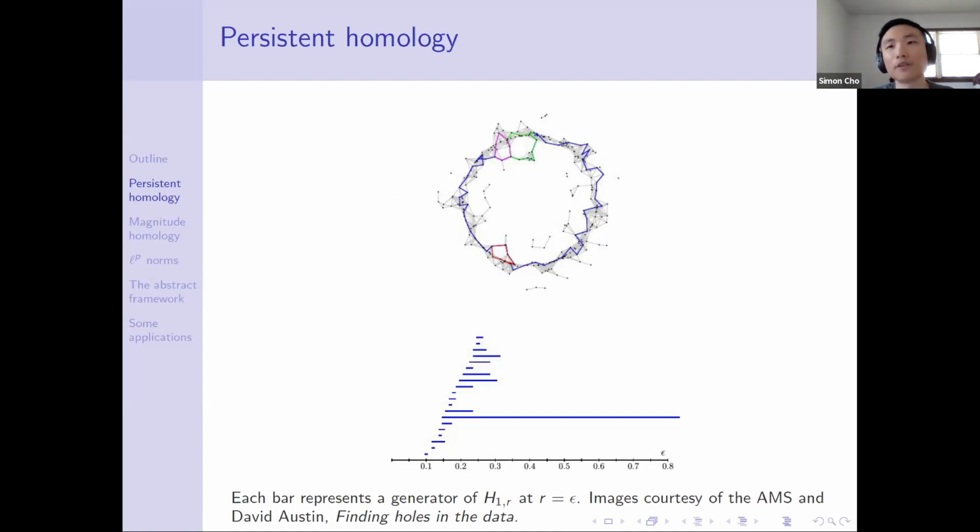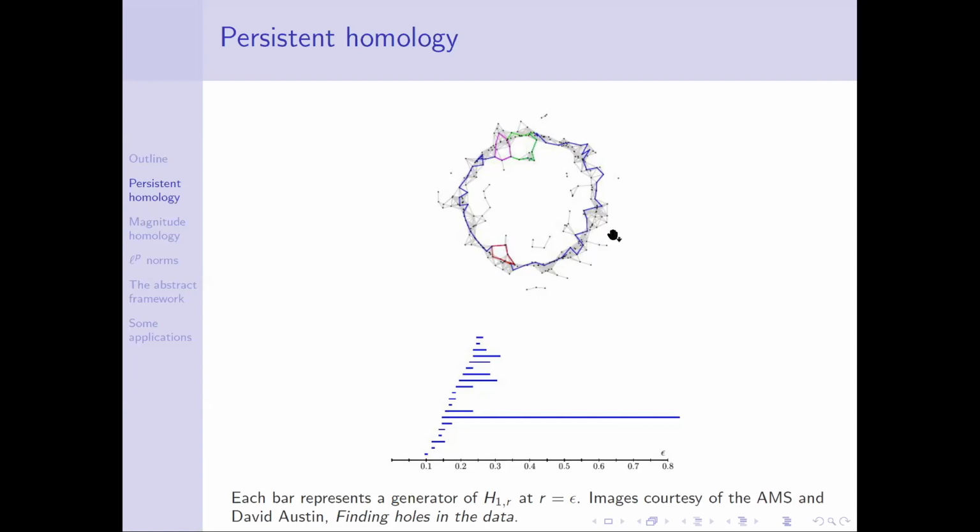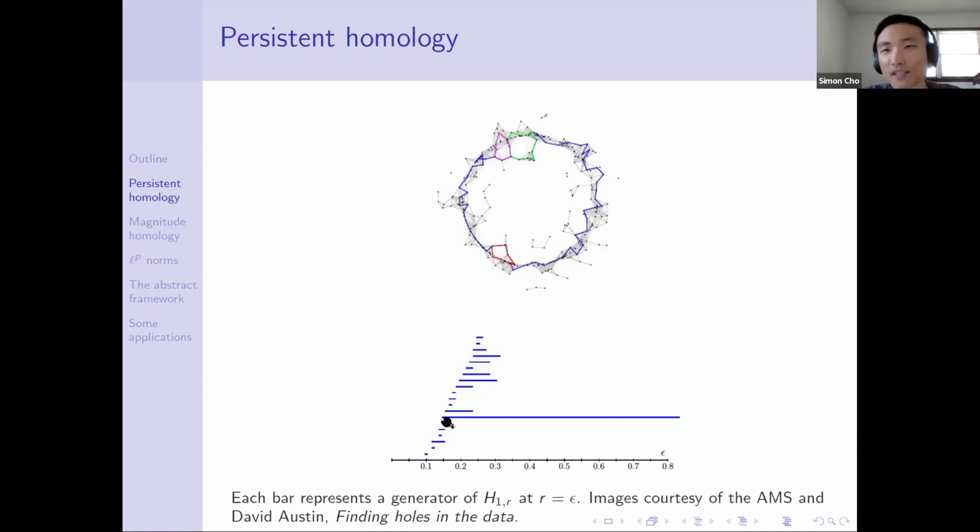The way you determine which generators in this barcode representation survive is something called the elder rule. It just means that you keep the one that was born before. That's what makes it possible for us to say that this survived for a longer period of time and it's more significant.